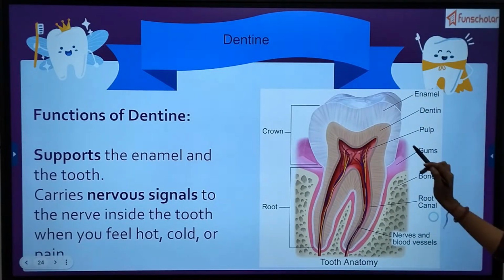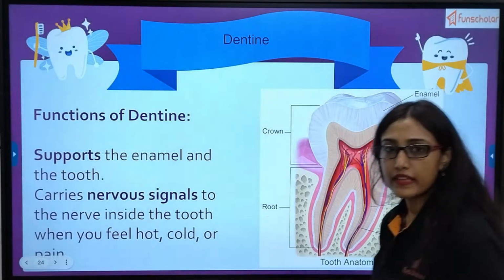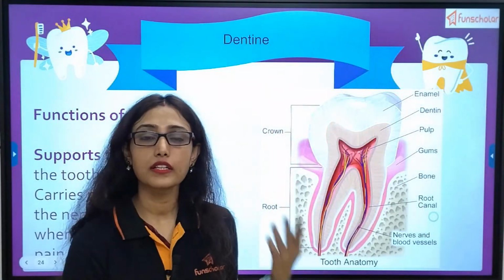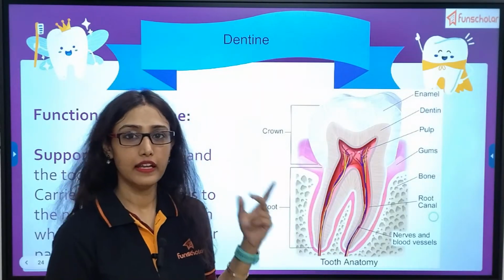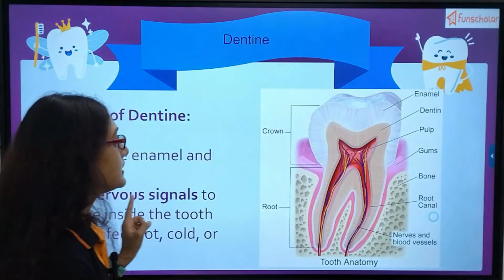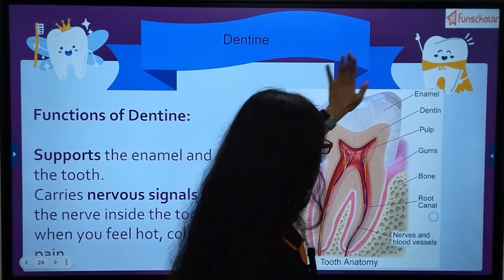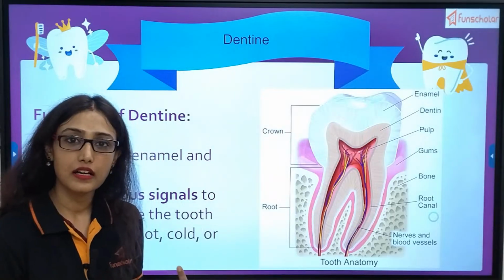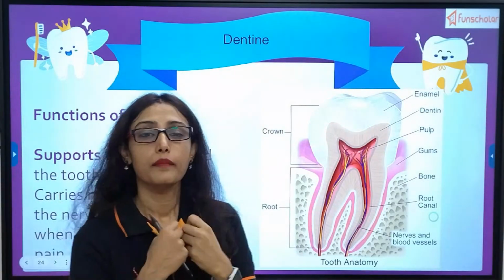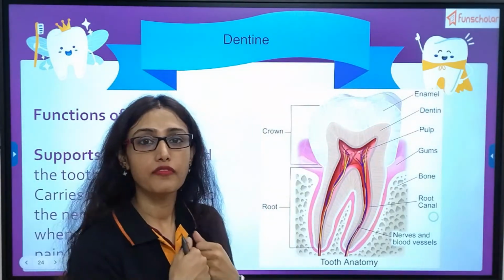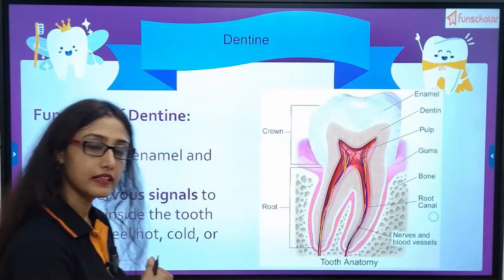And also it carries nerve signal to the brain. For that reason, you feel hot and cold, okay? Dentine is the soft part. It supports the enamel outside, and you feel cold and hot because of the presence of nerve vessels present in the dentine.